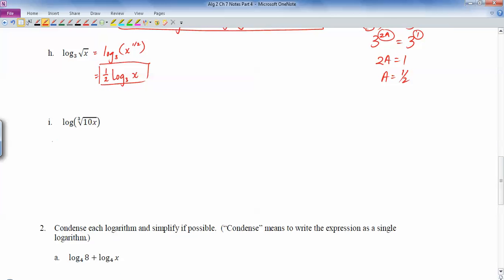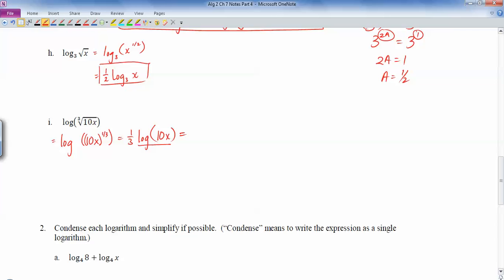Okay, and then I got log base 3 of 10x to the 1/3, like that. All to the 1/3. So I'm going to bring the 1/3 down in front. So 1/3 log base 3 of 10x. Oh, sorry, it's not log base 3, it's just log, which means base 10.